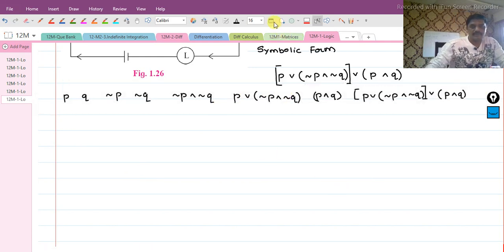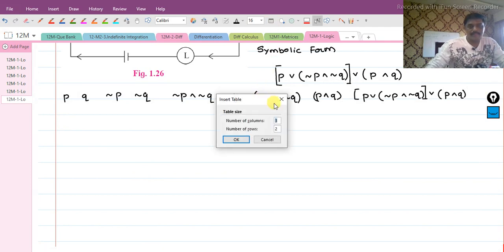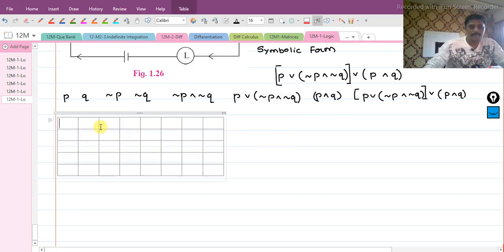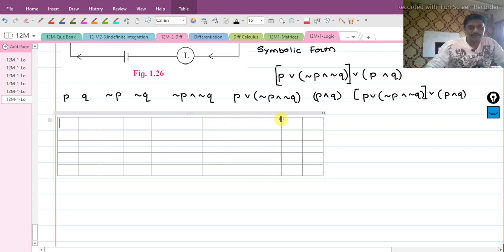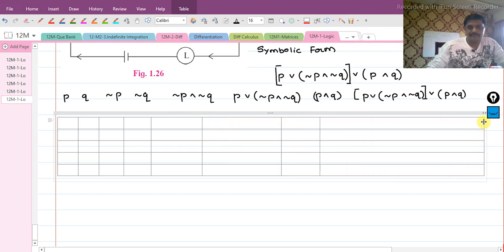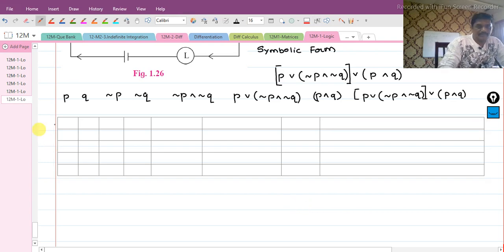तो यहाँ पर होंगे 8 columns, 5 rows. PQ, negation P, negation Q, negation P and negation Q, P or negation P and negation Q, P and Q. चलिए शुरू करते हैं.